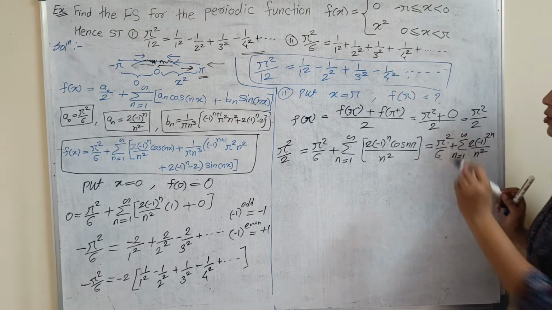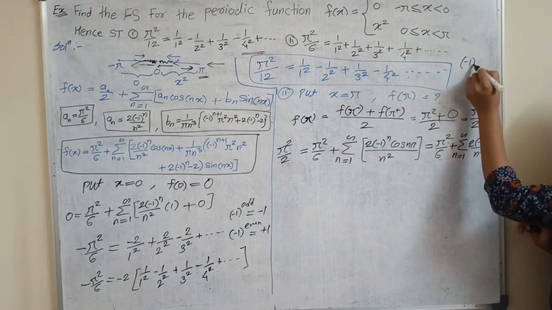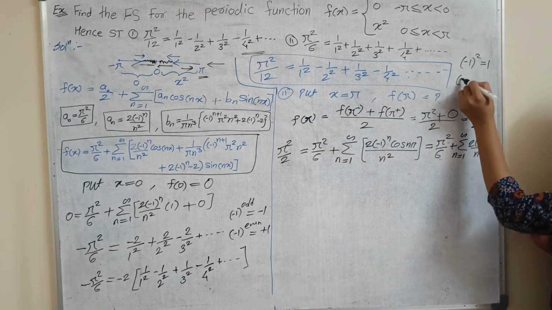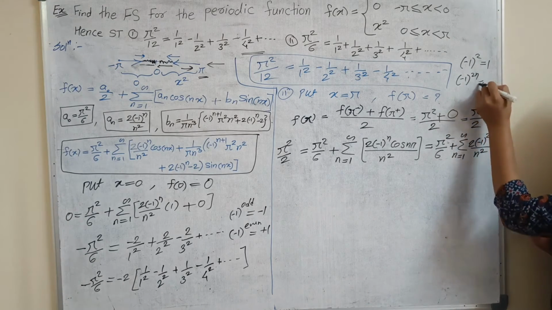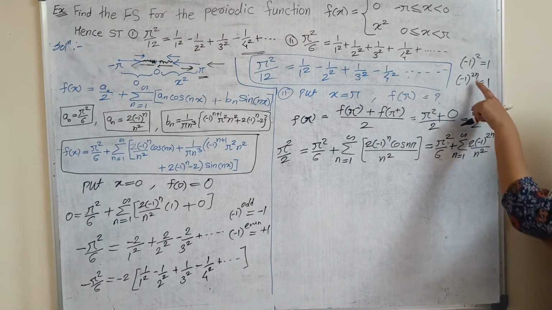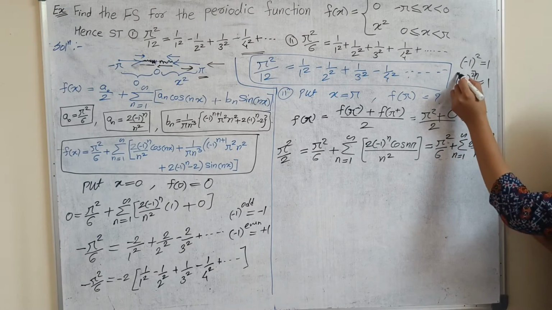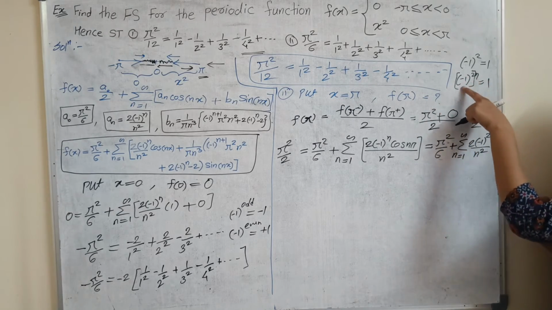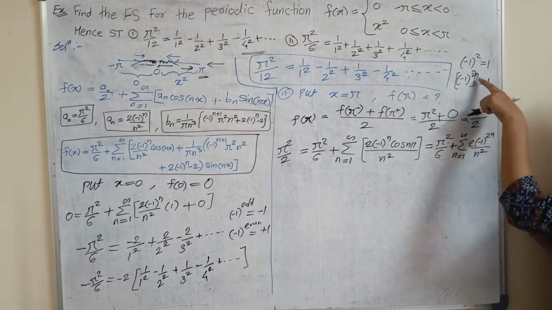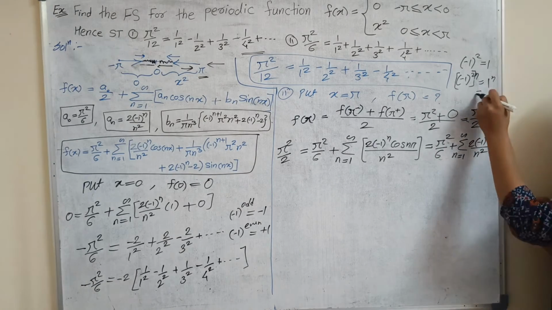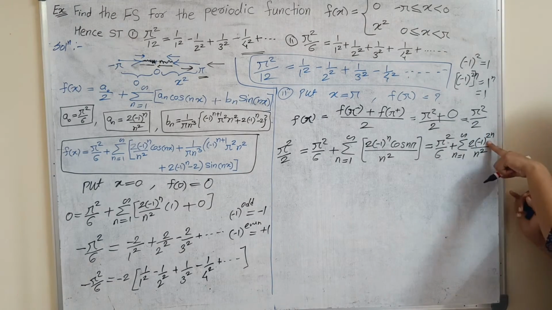And 2n, so minus 1 raised to the power 2 is 1, so minus 1 raised to the power 2n is 1. So यहाँ पे by our search formula you can write here 2 into n. So minus 1 raised to the power 2 is 1, and 1 raised to the power n is again 1. So in short this term becomes 1.